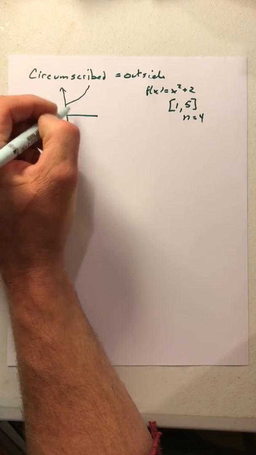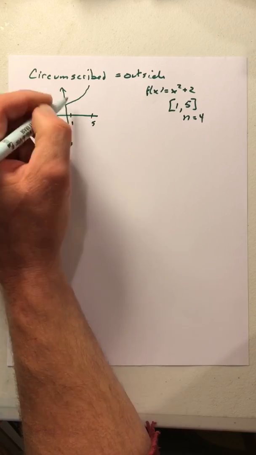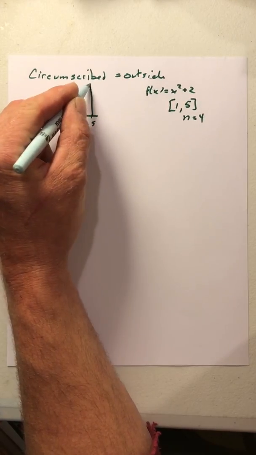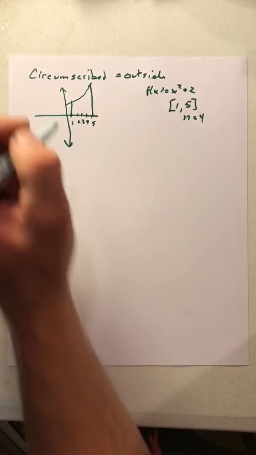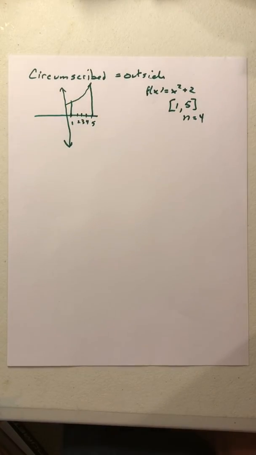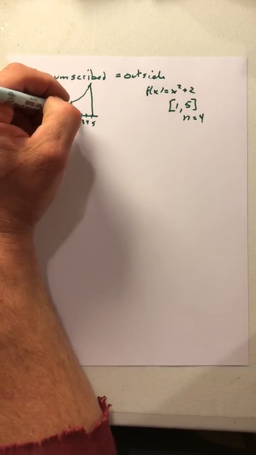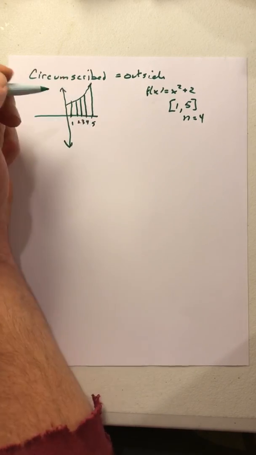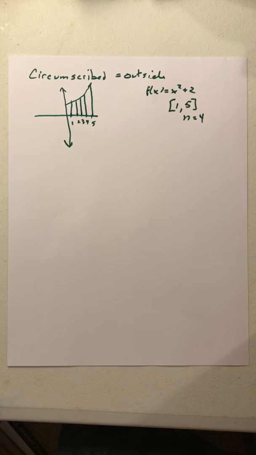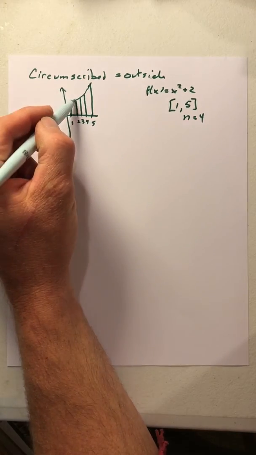So again, if we come up here, here's our 1, here's our 5, cutting into 4 sections. I'm still cutting it at 2, 3, 4 to give me 4 equal sections in there. I'm still going to create these regions inside. But now, instead of creating a rectangle on the inside, or using the smaller height, I'm going to use the outside.